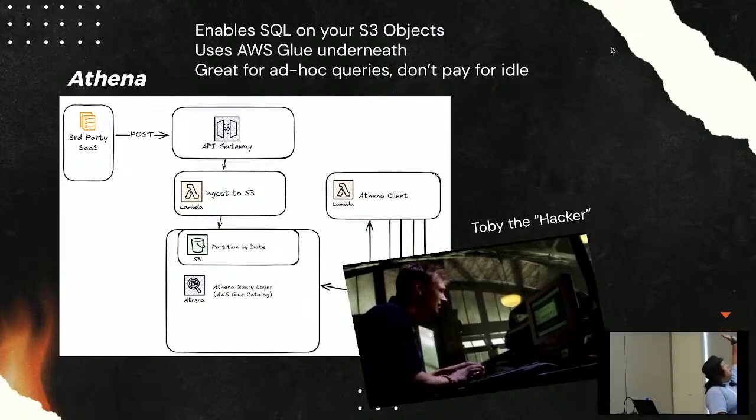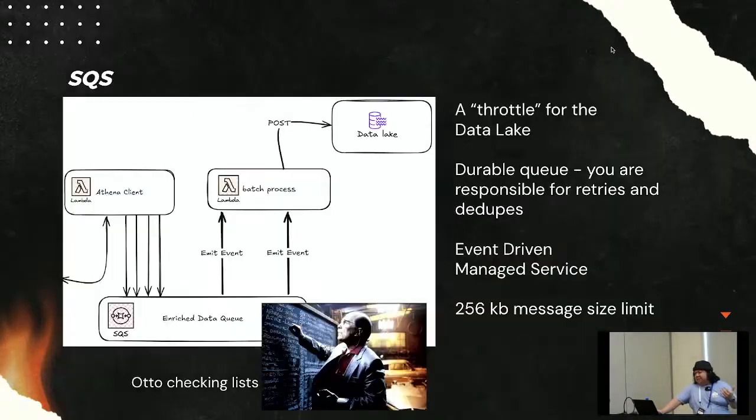So data's just coming straight into the bucket, and then at any time, our analyst can run an ad hoc query to match whatever's in the bucket. So Toby here, Athena, enriches our data, enhances it, kind of like hacks into it, and makes it better, makes it usable. So that's how we're filtering the data.